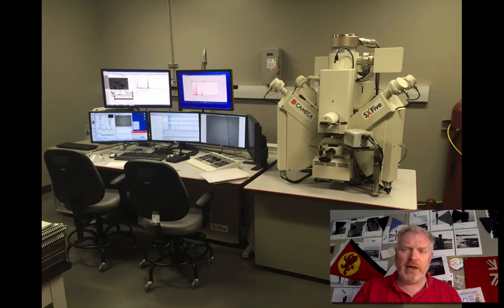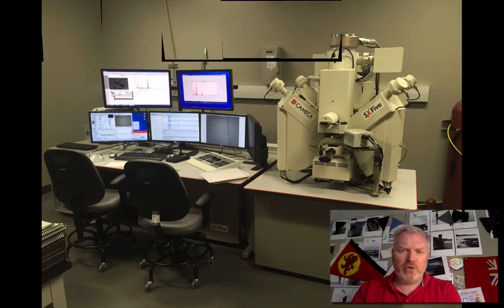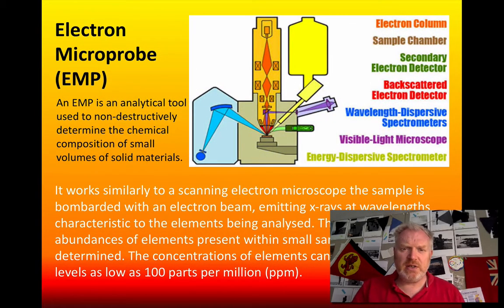So we need a way of analysing rocks for their mineral content when we can't see what those minerals are. To do this, there's a couple of machines that get used. Firstly, we have a device called the electron microprobe. This is a tool that fires a beam of electrons at a sample of a mineral.